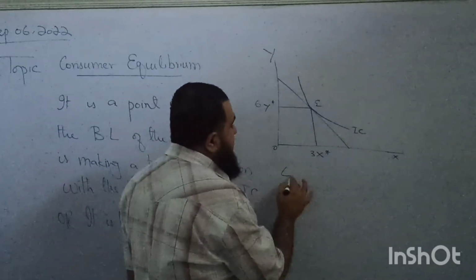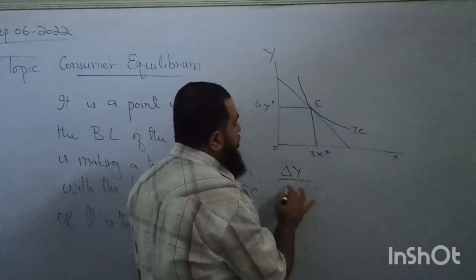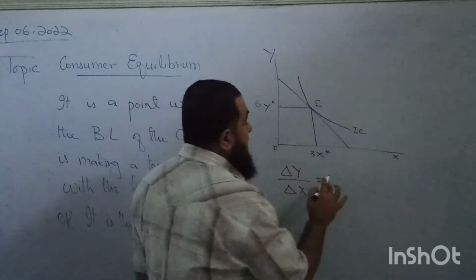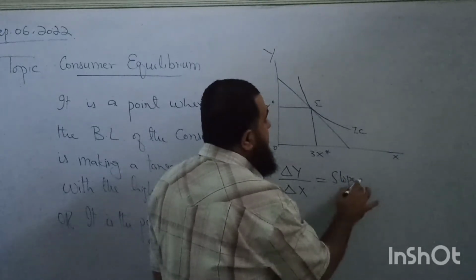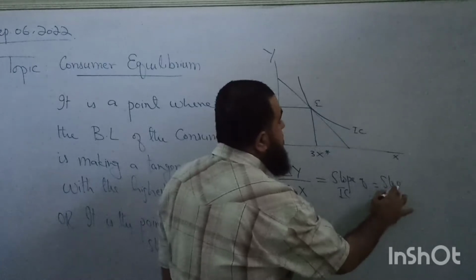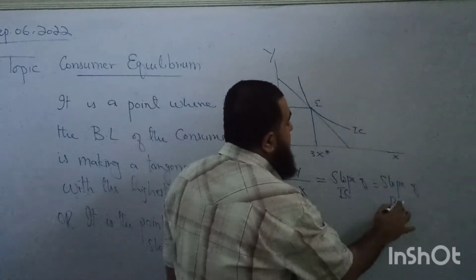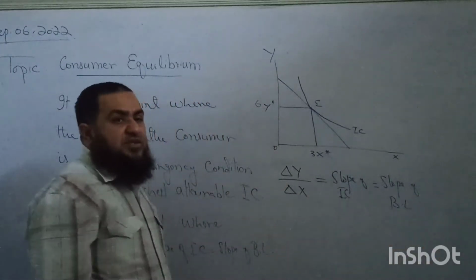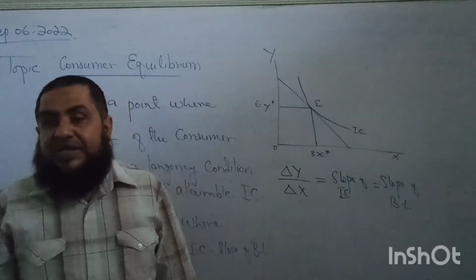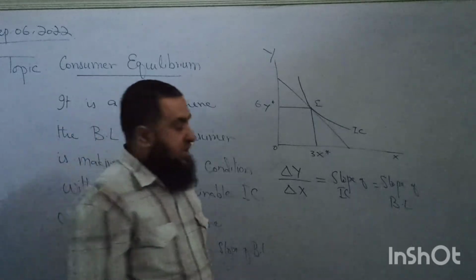Can I write it this way? Change in Y over change in X is equal to what? The slope of the indifference curve should equal the slope of the budget line. What is the slope of the indifference curve? We studied last time, that is the ratio of marginal utilities.